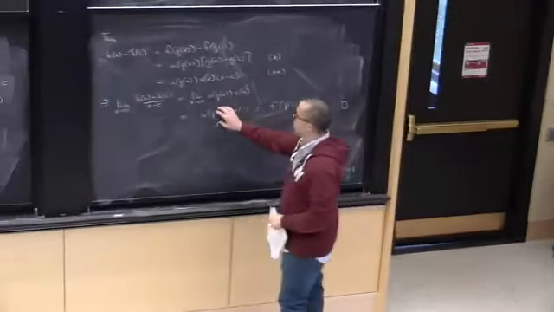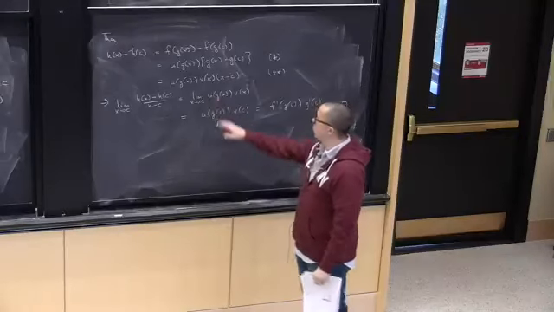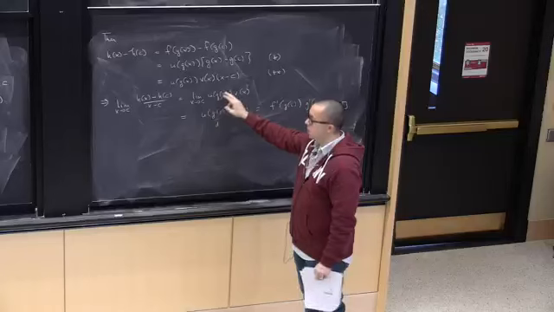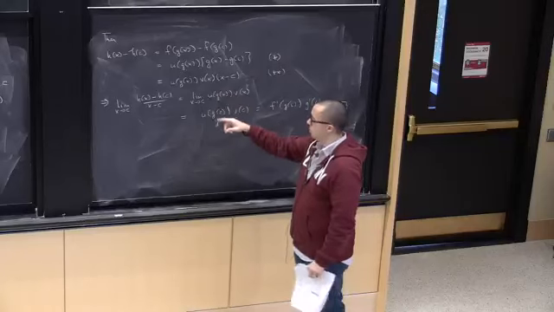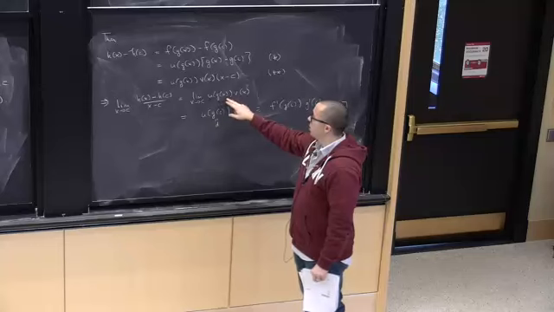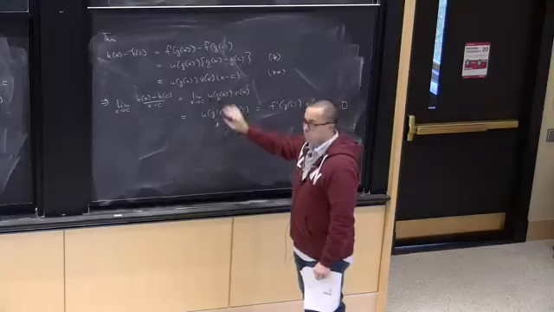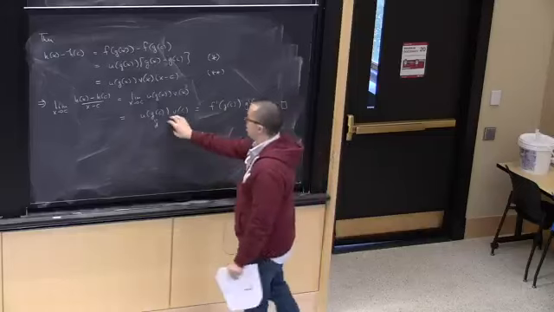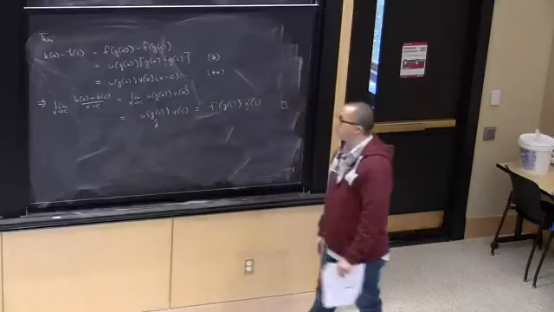So to go from this point to this point, we use the fact that u is continuous at g of c, which we proved over there, and that g is continuous at c, and therefore the composition of two continuous functions is continuous at that point, to arrive at this. Okay?